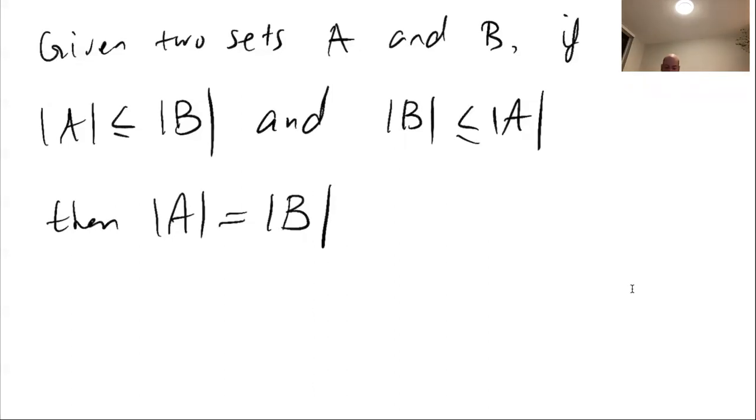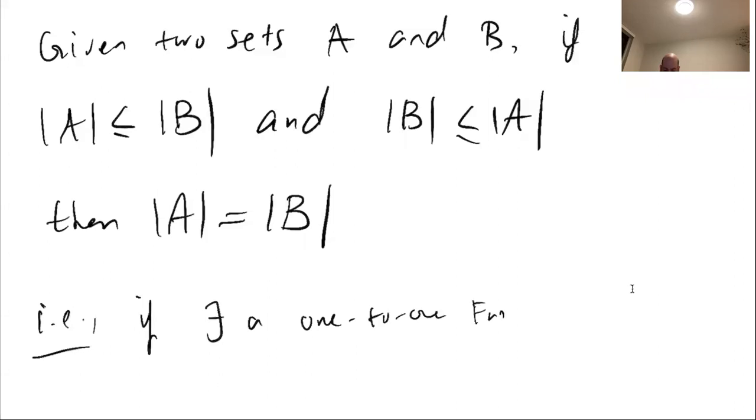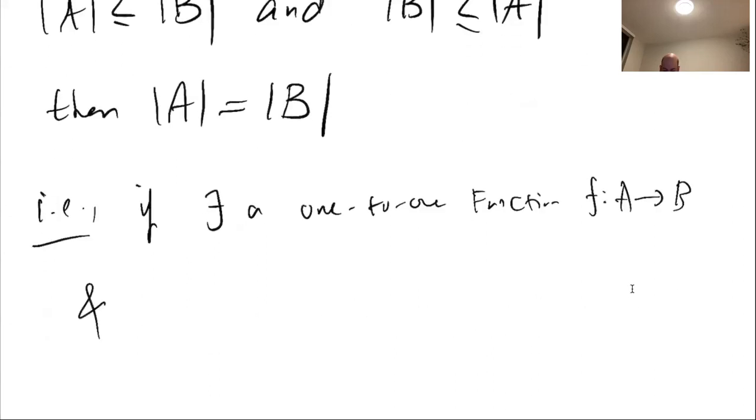So when you say cardinality of A is less than or equal to cardinality of B, what does that mean? In other words, if there exists a one-to-one function, let's say f from A to B, and if there exists a one-to-one function, let's say g from B to A.